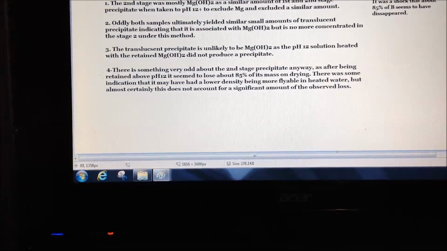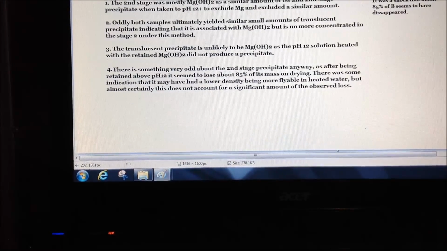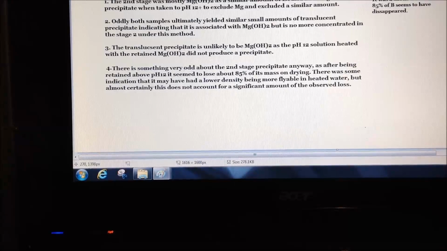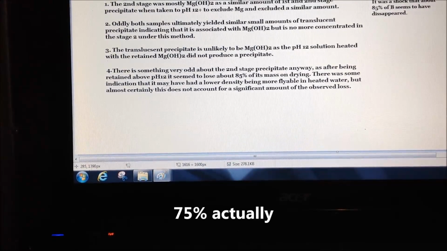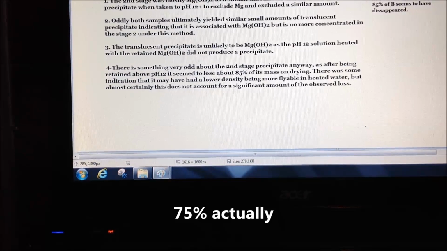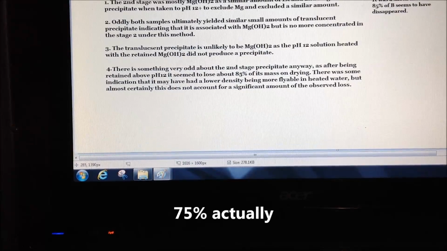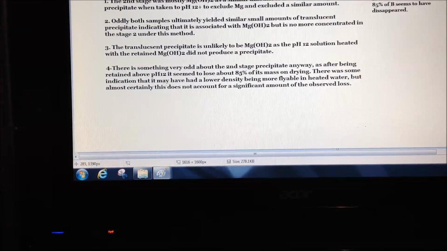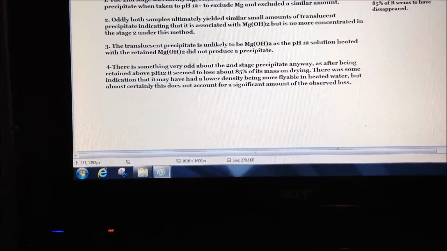So fourthly, there is something very odd about the second stage precipitate anyway, as after being retained above pH 12 it seemed to lose about 85% of its mass on drying. There was some indication that it may have had a lower density, because when it was being heated it seemed to go cloudy, whereas the other one did not, and it also seemed to clear more slowly when it was stirred up.